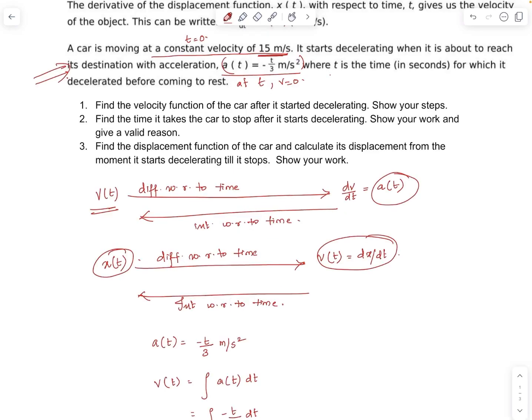The next part in the question says, calculate its displacement from the moment it starts decelerating till it stops.